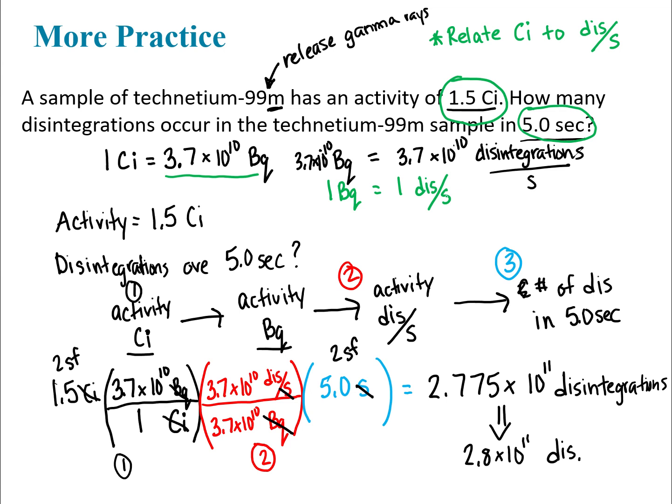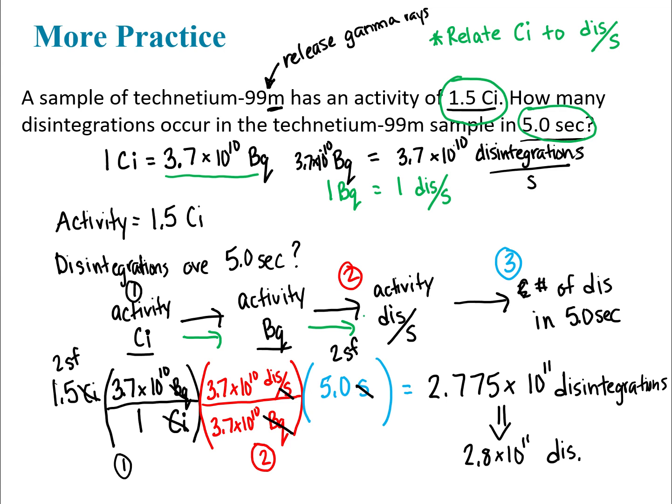So we have to convert our activity from Curies to becquerel, and then becquerel to disintegrations per second. That way, we can use our time to figure out how many disintegrations in 5 seconds.